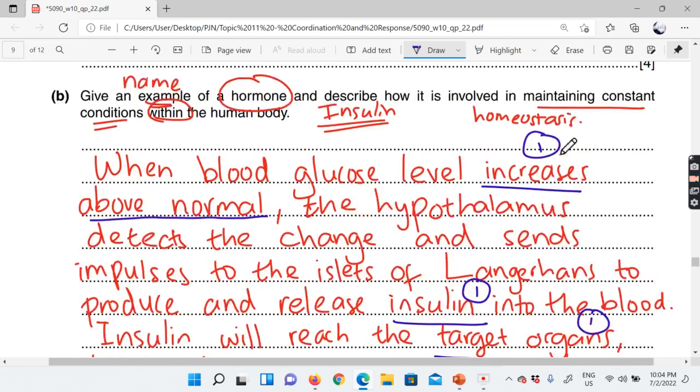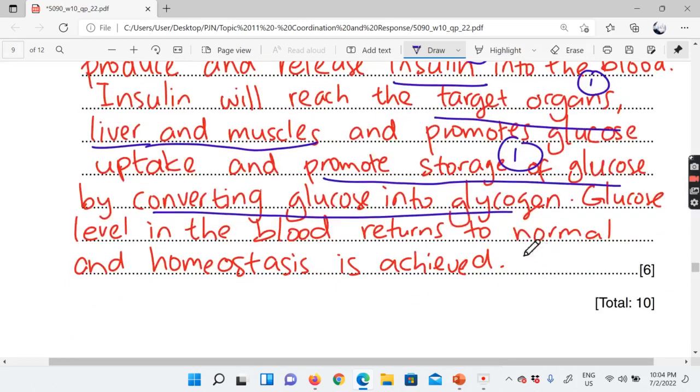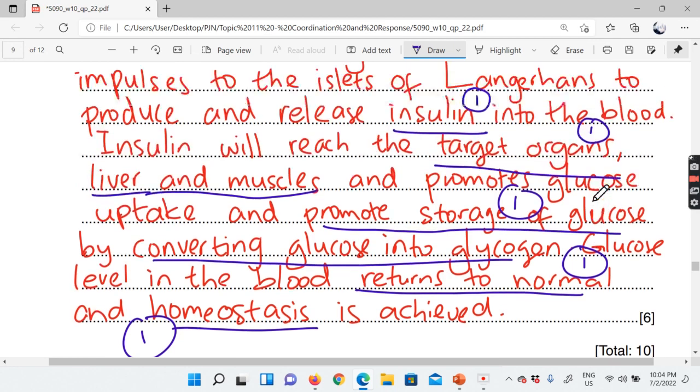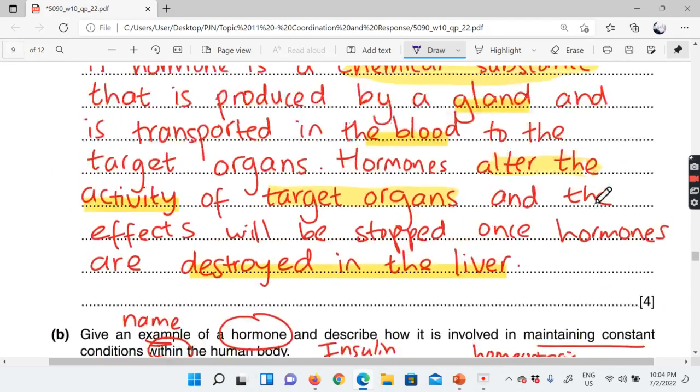So now we already gathered 1, 2, 3, 4 points. Then returning back to normal is your 6th point, and mentioning homeostasis is also 1 point. So that is how you can get your full marks for this question.